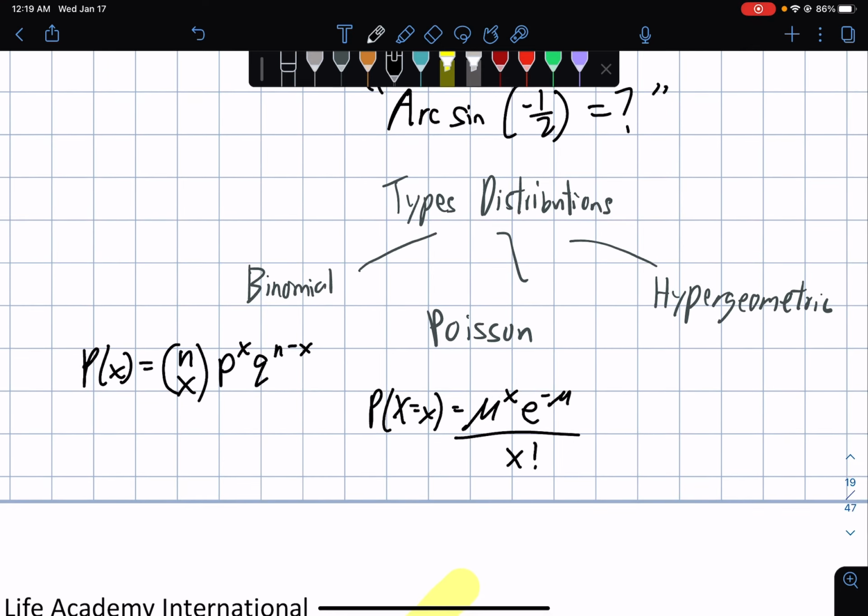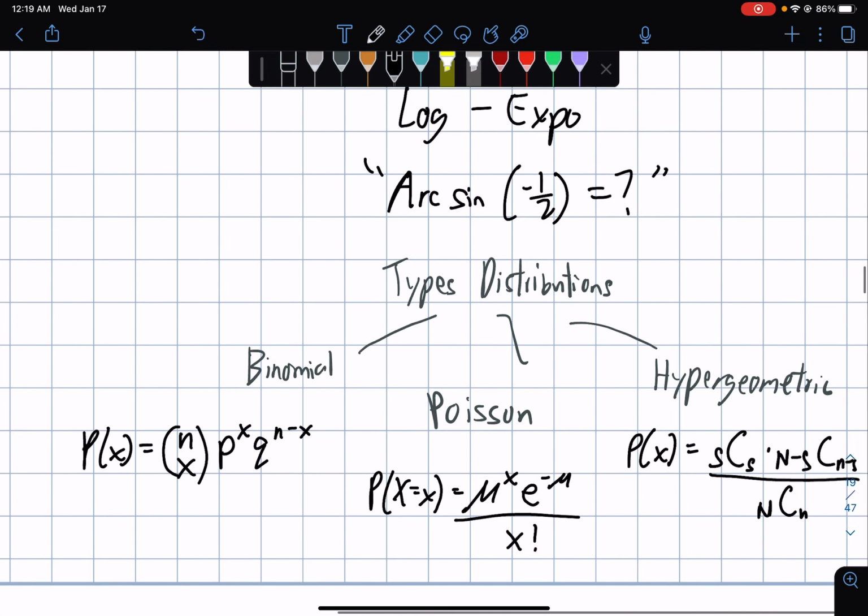For hypergeometric, it's p of x is equal to... Oh no. Oh yes, I remember. sCx times N minus s C n minus x, sorry, these are all capital letters and then small letters at the very right side, divided by N C small n. Nice, I still remember them.